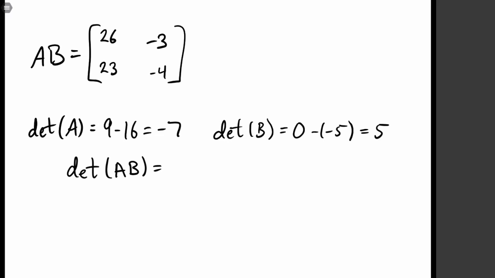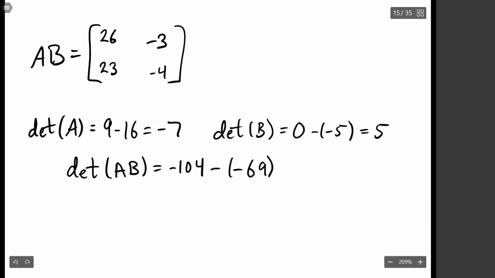All right, let's actually compute it. So 26 times negative 4 is negative 104. And then minus 23 times negative 3 is negative 69. So that's negative 104 plus 69. And that will be negative 35.